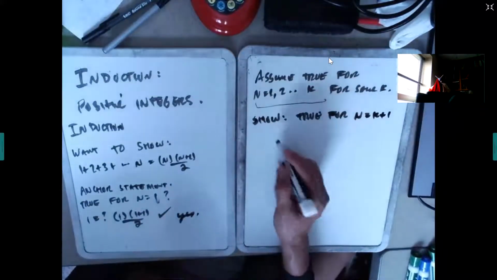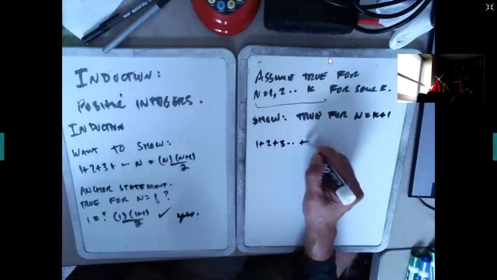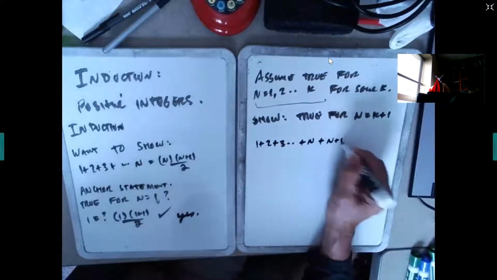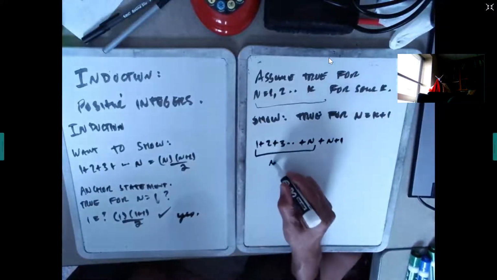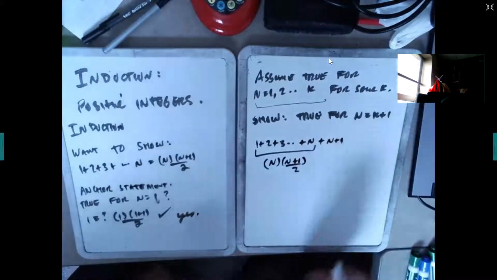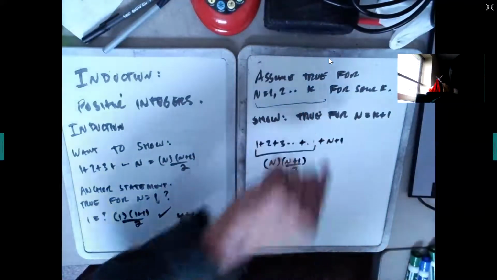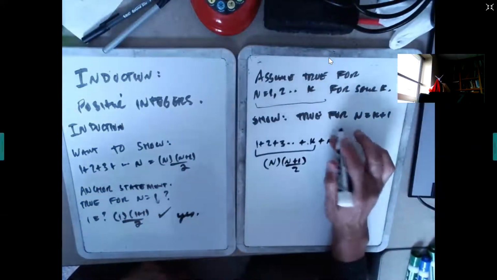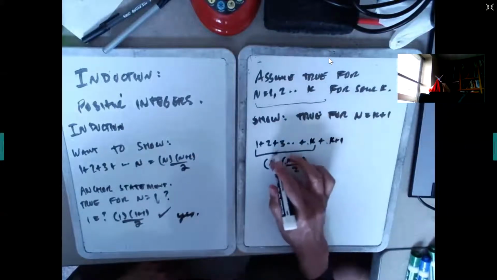And of course, what you do is you say, okay, 1 plus 2 plus 3, all the way up to k plus 1. Well, by the induction hypothesis, the sum up to k is k times (k plus 1) over 2. Because remember, we assume the induction hypothesis, oops. So I just screwed that up, didn't I? Hopefully that won't lower your confidence in me too much.